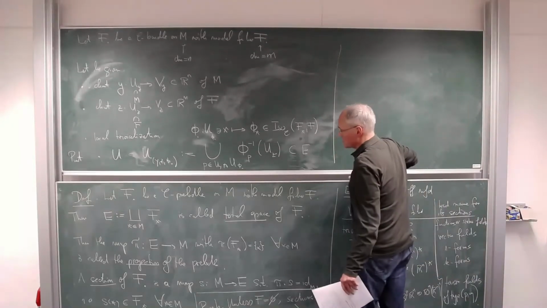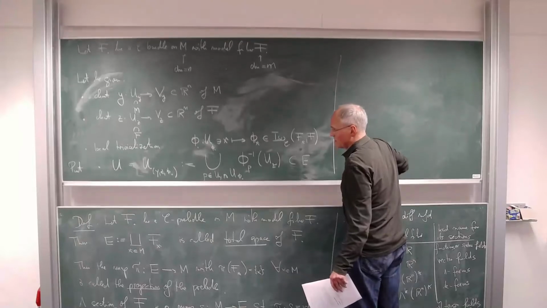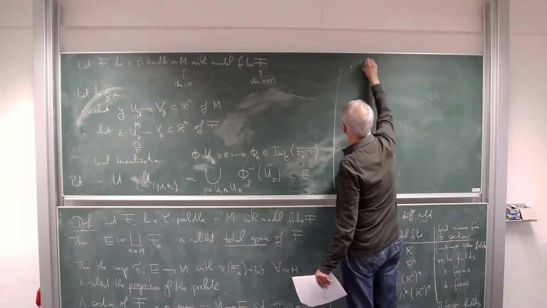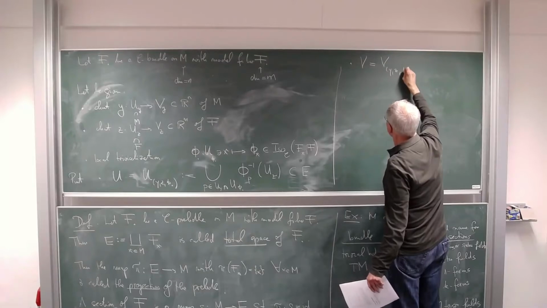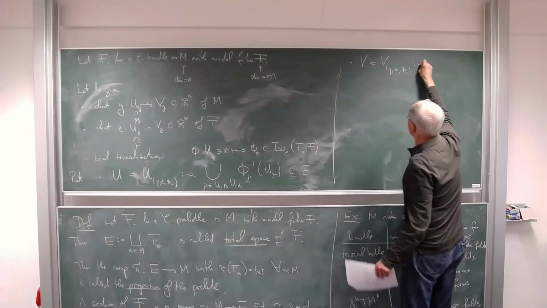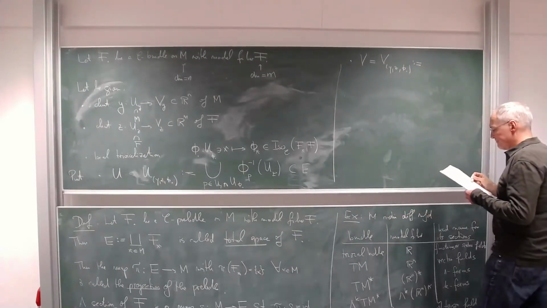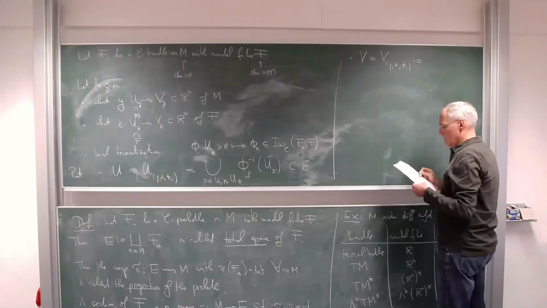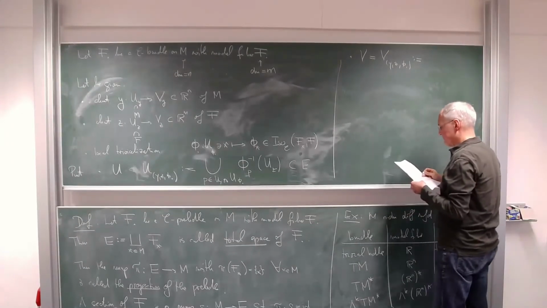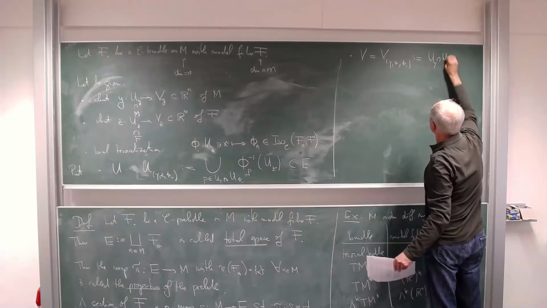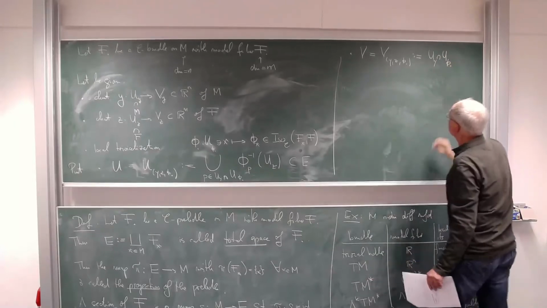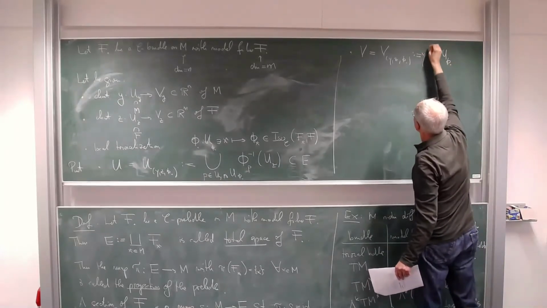So the target set in Euclidean space is V, also depending on the given data. This is defined as follows. I take U y intersect U phi, which is a subset of M, and I apply the chart y to it.